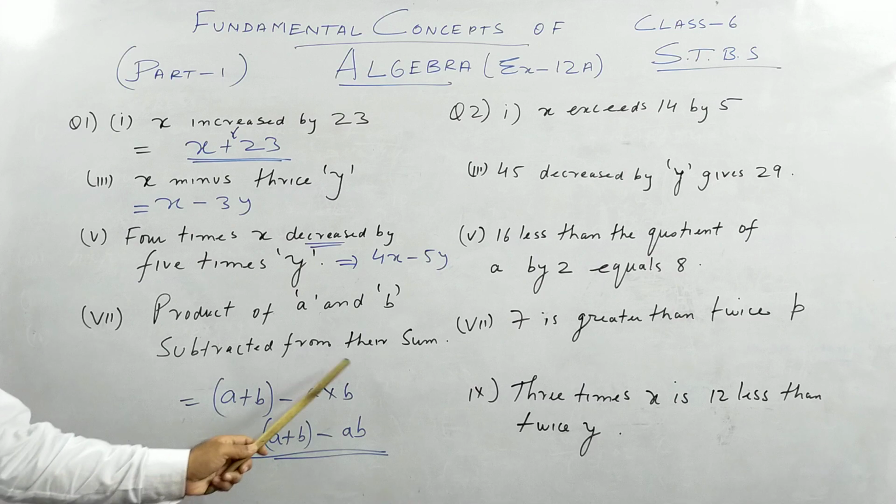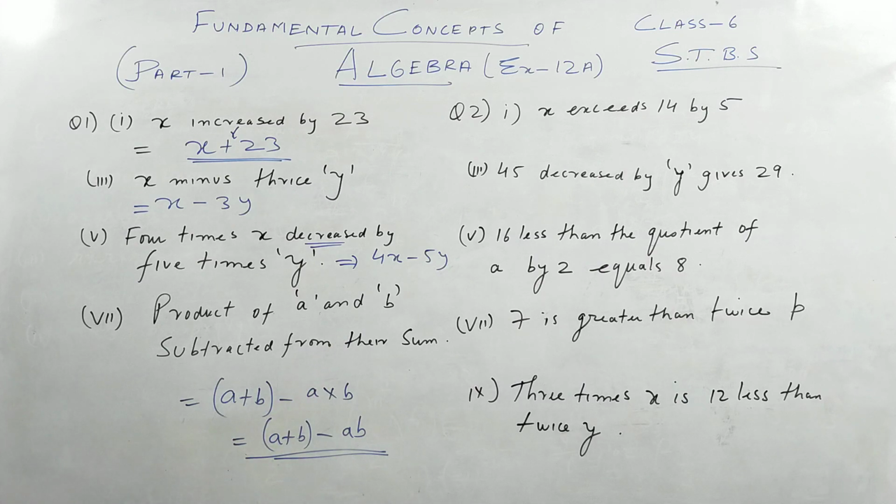So first one is x increased by 23, next is x minus thrice y, then 4 times x decreased by 5 times y, and the last one, part 7, is product of a and b subtracted from their sum. So kindly pause the video and copy question 1.